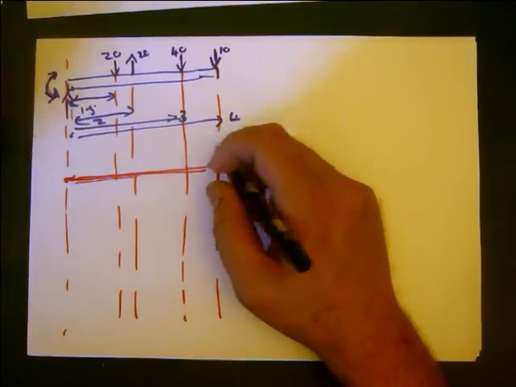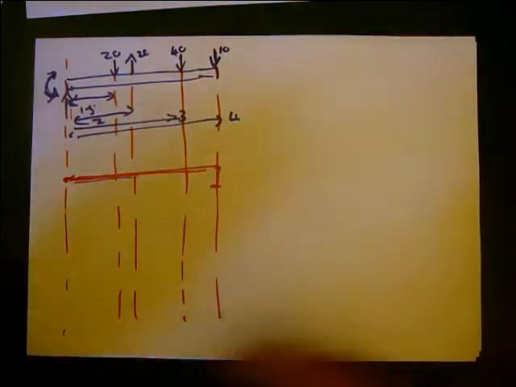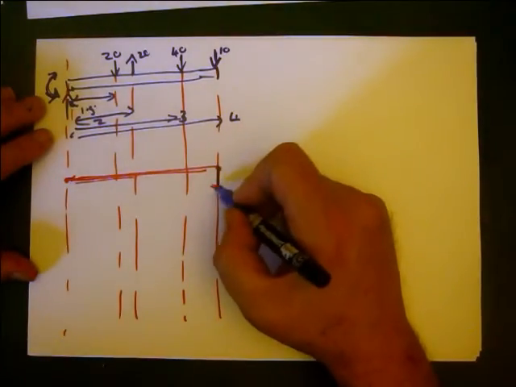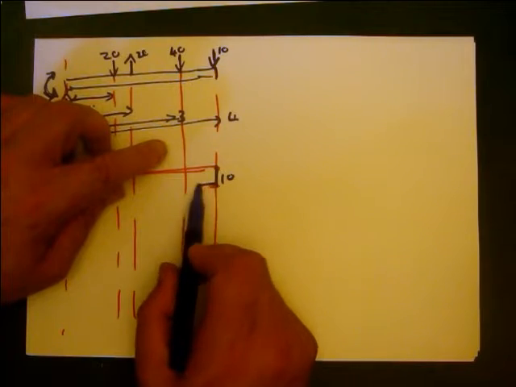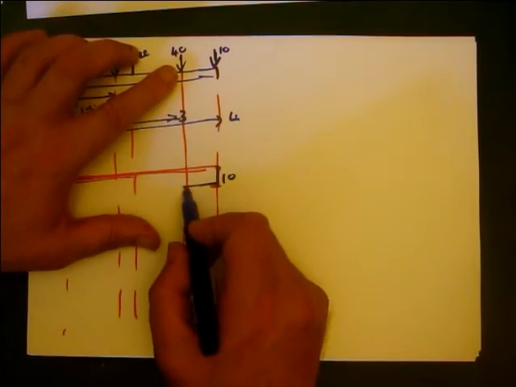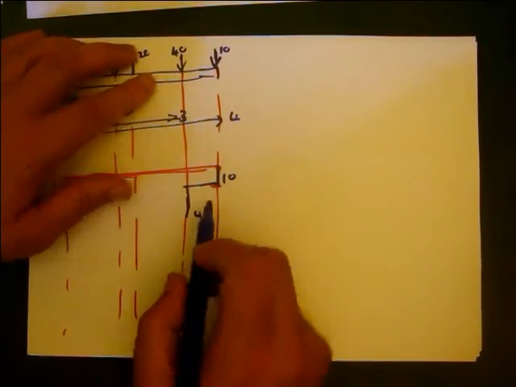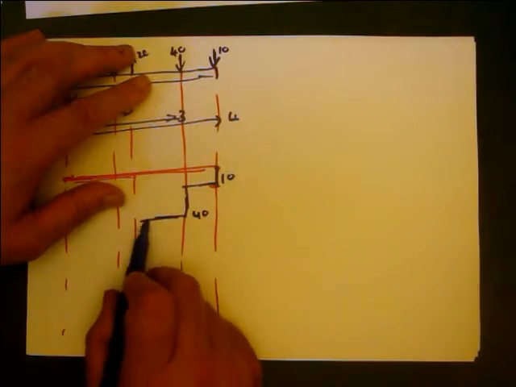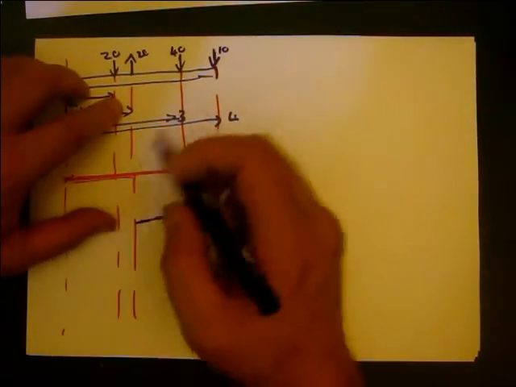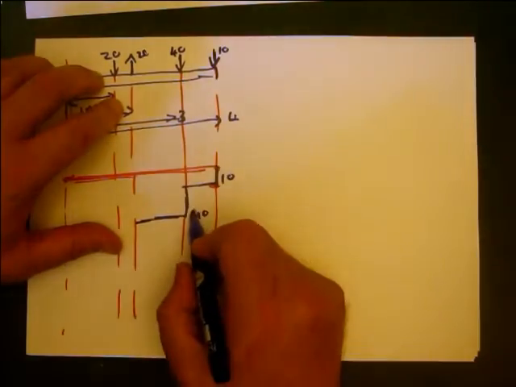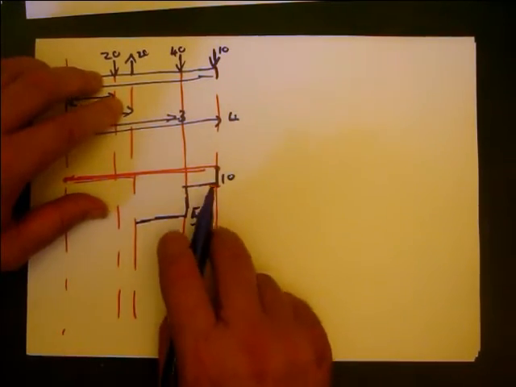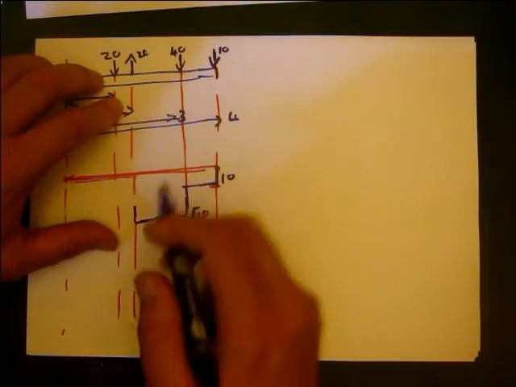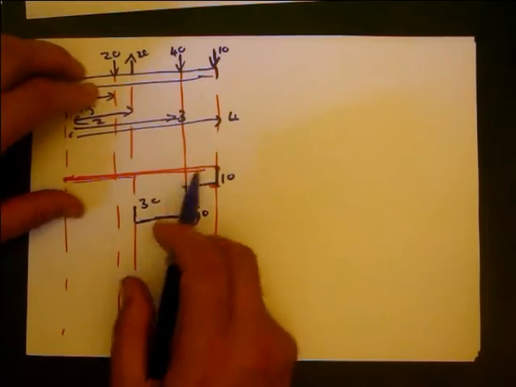The first thing that happens is this drops down 10. So we're going backwards, and we've got a force of 10 going down. We go along. It drops down another 40, so that's going to be 50. Then we go up 20, so we go back up to 30.